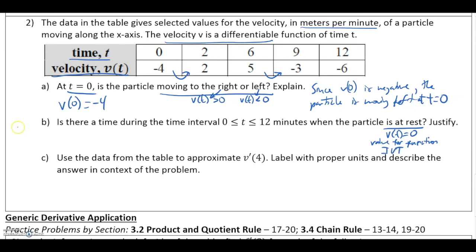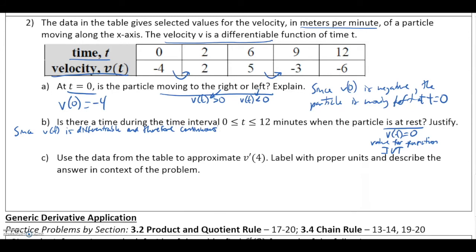So let's get our setup to the intermediate value theorem. Since v of t is differentiable, and you might be asking yourself, well, IVT was supposed to be continuous. Well, the idea of differentiability is that if it's differentiable, then it is also continuous. If you only mention differentiable or only mention continuous, it would be perfectly fine.